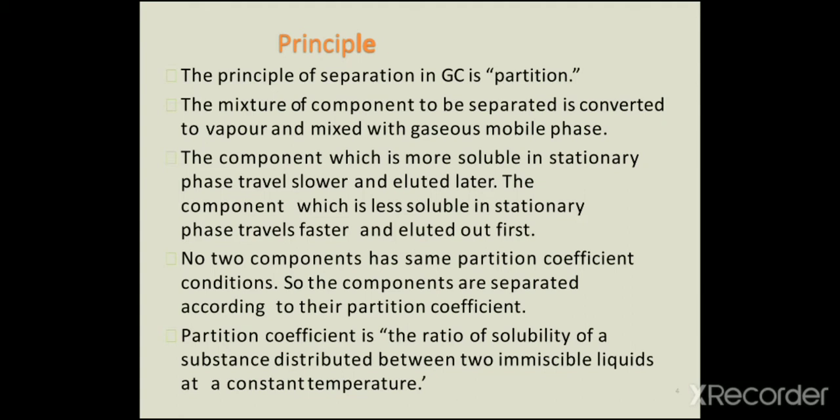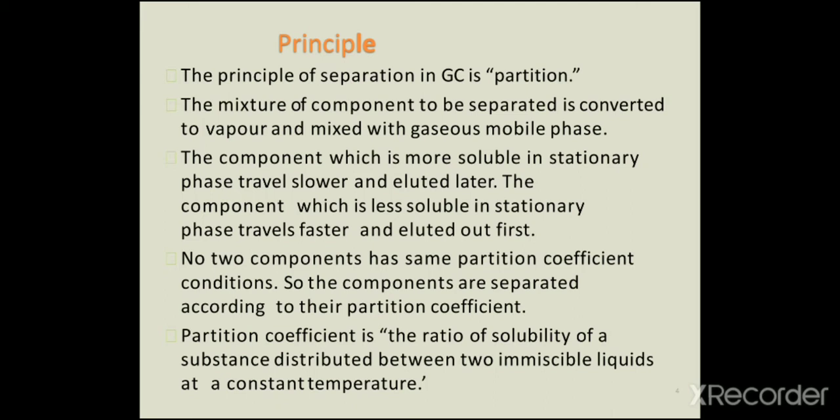The component which is more soluble in the stationary phase travels slower and is eluted later, and the component which is less soluble in the stationary phase travels faster and is eluted first.